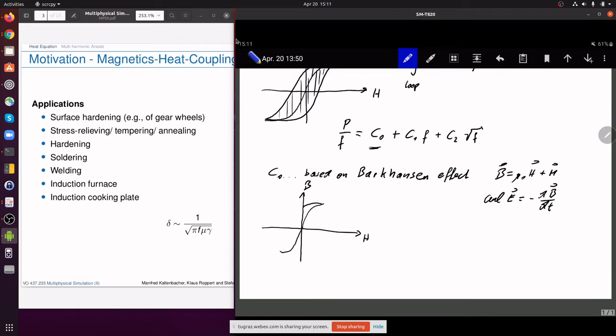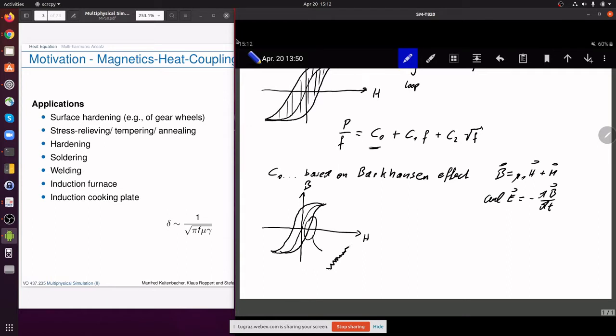So let's again draw the hysteresis loop. It's really wiggly now, sorry. Hysteresis loop, and if you zoom in into this region here, you can actually see some stair-like behavior.